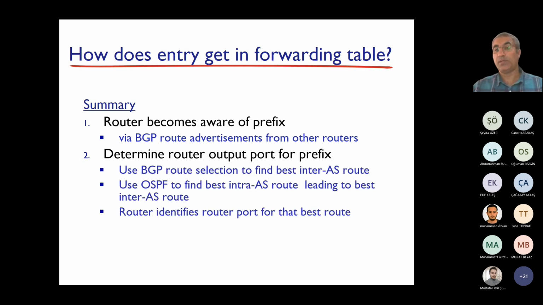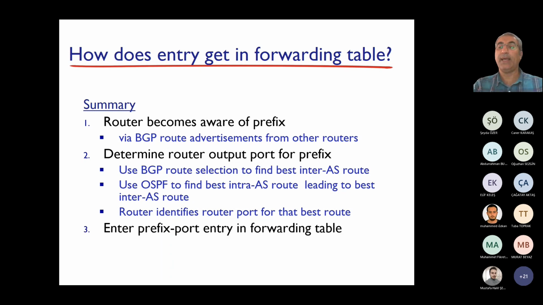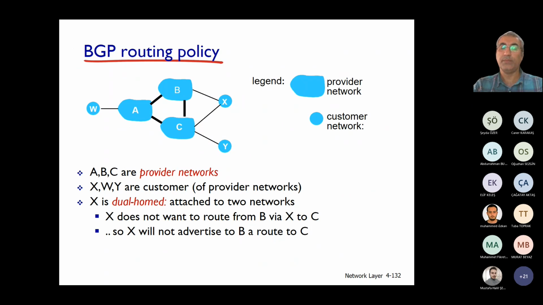Use BGP route selection to find the best inter-AS route. Use OSPF to find the best intra-AS route leading to the best inter-AS route. And the router identifies the router port for that best route, and then enters the prefix and port entry in the forwarding table.